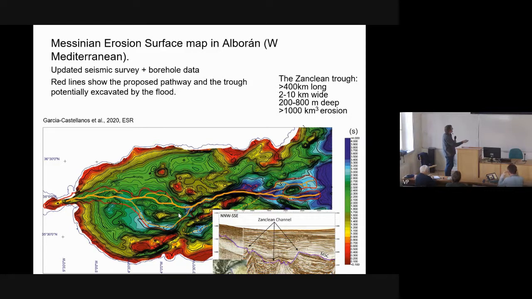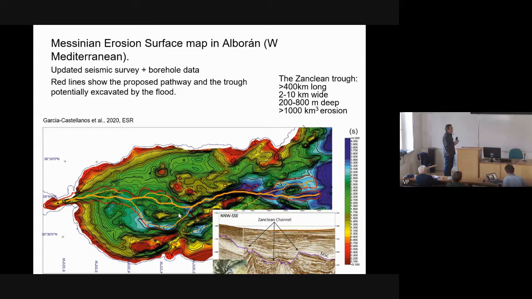So this is the typical configuration of this erosion channel that we describe along the Alboran Sea. It's a trough, an erosive trough, about 400 kilometers long, 2 to 10 kilometers wide, and several hundred meters deep. And altogether, it makes more than 1,000 cubic kilometers of erosion.